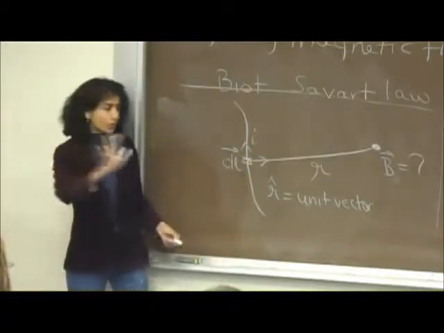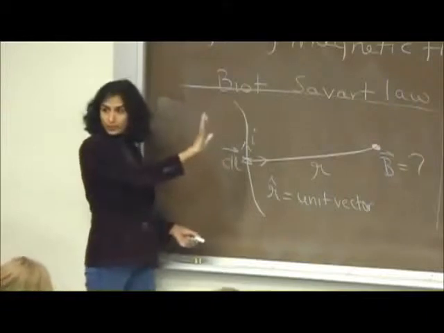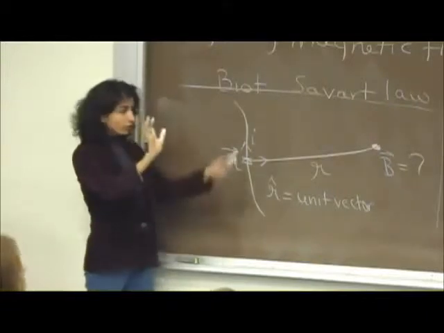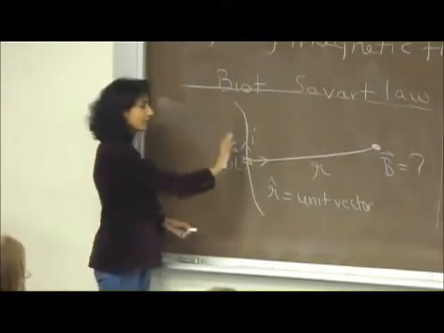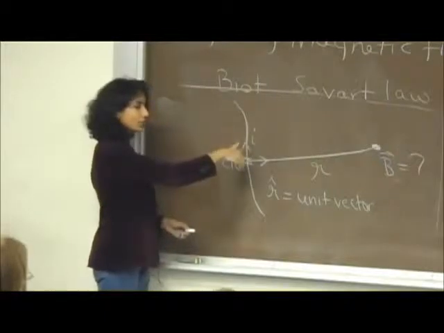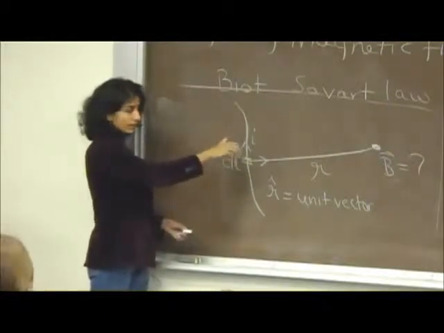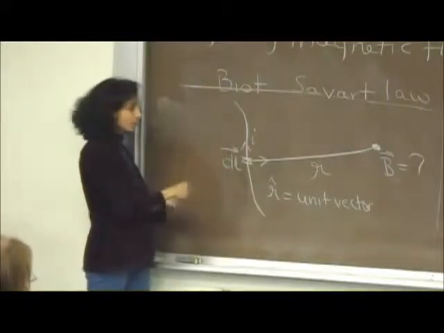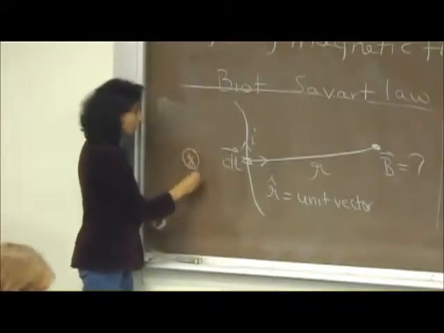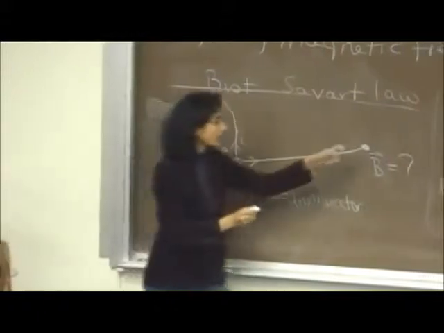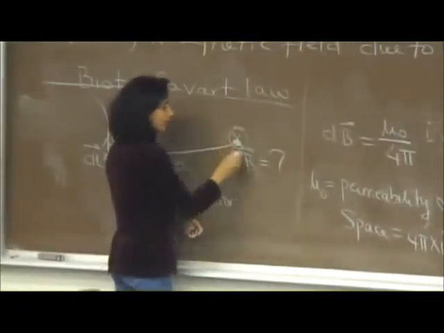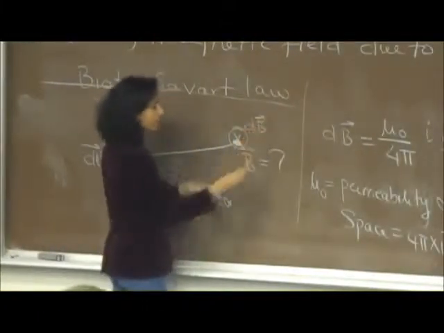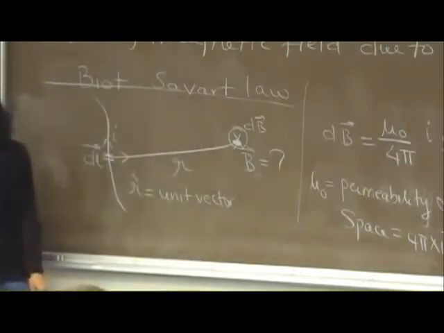But what you have to do is use your right hand screw rule for cross products. Put your fingers in the direction of dl, cross it in the direction of r hat, and do you see my thumb is going in? That would be the direction of dB. So over here, dB is pointing into the board.